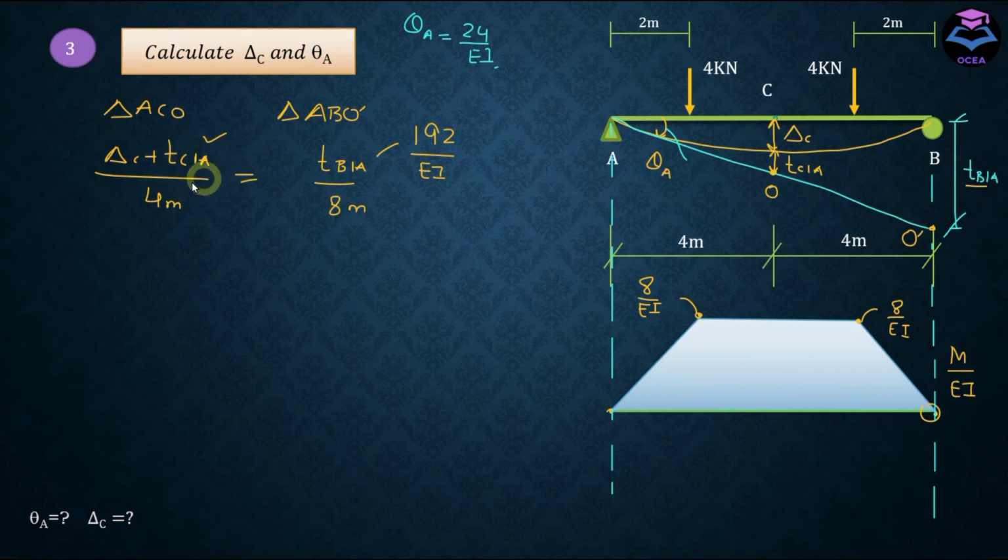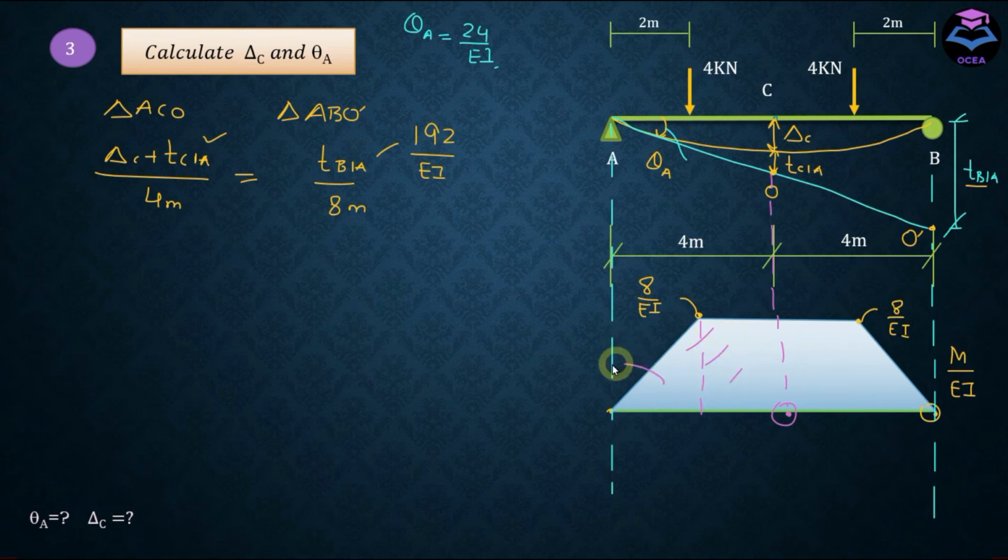And in order to determine this TCA, we need to take the moment of M over EI diagram with respect to this point. And we are going to take the moment of M over EI diagram lying to the left of this point, because we are measuring vertical deviation with respect to the tangent from point A. So let's separate this shape into two regular shapes, that is triangle and this rectangle.